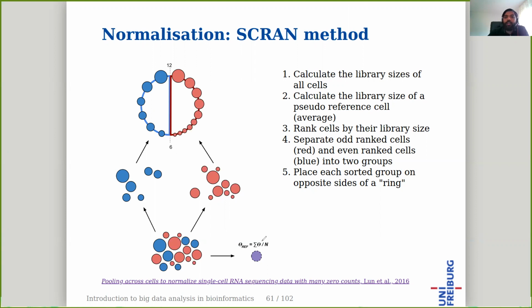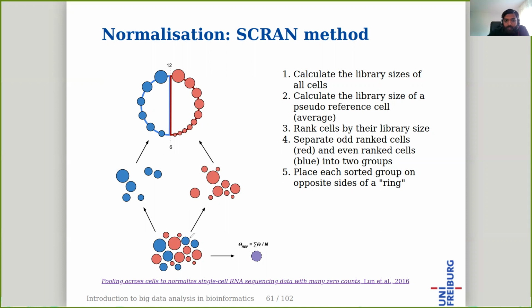After computing these reference sizes, the cells are ranked by the library size. So this may be rank 1, this is probably rank 2, because this has 10, this has 9, and this is rank 3, and this is, let's say, rank 4, and so on.